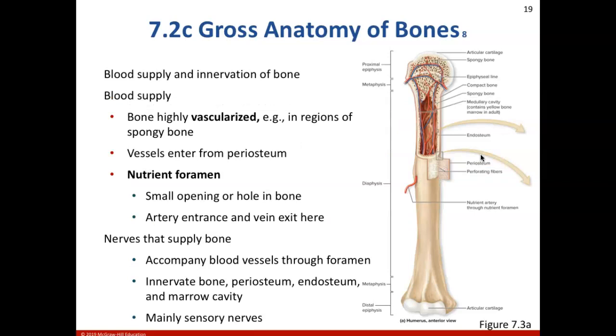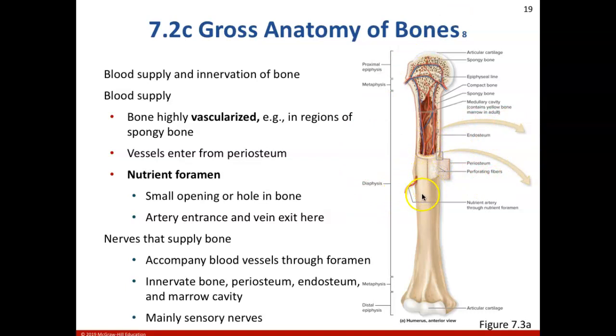Now back to our long bone. We're going to talk about how the long bone gets its blood supply and innervation. By innervation, we're talking about the nerve that supplies that bone. So we'll start off with the blood supply first. Bone is going to be highly vascularized, especially in the regions of spongy bone, and our vessels are going to enter from the periosteum. So you could see this taking place over here.